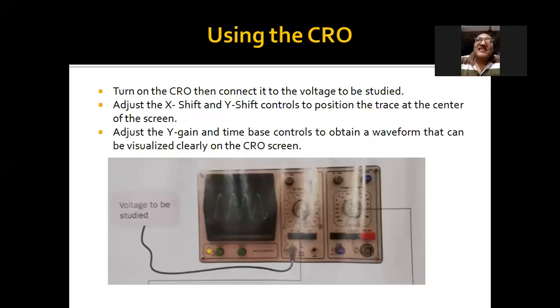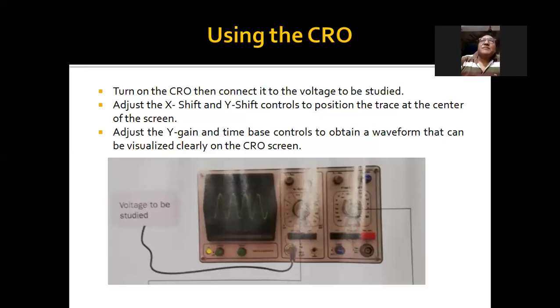I mean, on the x-axis of the CRO screen, the time is represented. So we set a scale that each square on the screen of the CRO represents how much time.